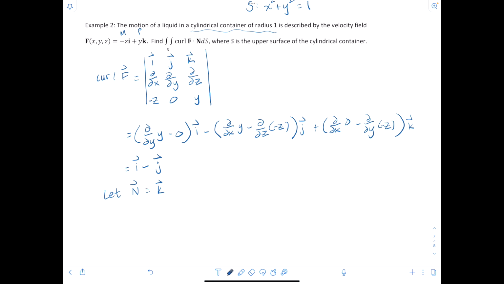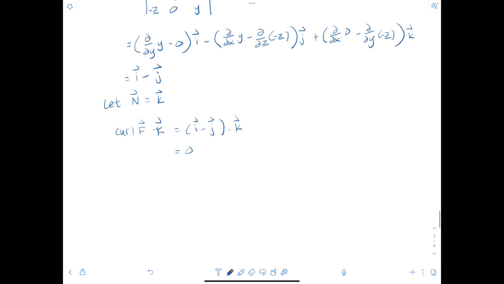Because there's no x coefficient to the i, there's no j at all. Cool, cool? All right. And so the curl of f dot k, which is our n, will be equal to i minus j dot k, which is going to equal 0.